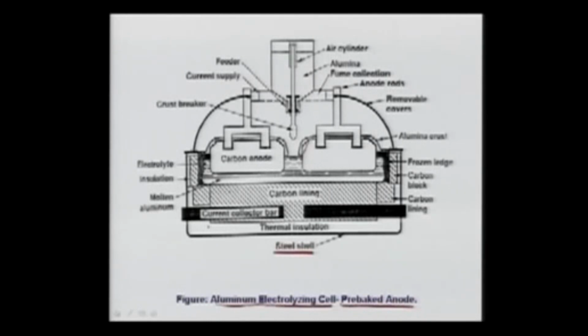You see here, these are the anodes. And this is what is called the carbon lining, as you see here. That portion that I'll try to show you this way is the carbon lining, and this forms what we call the cathode.